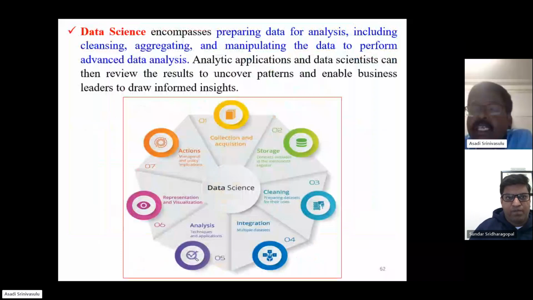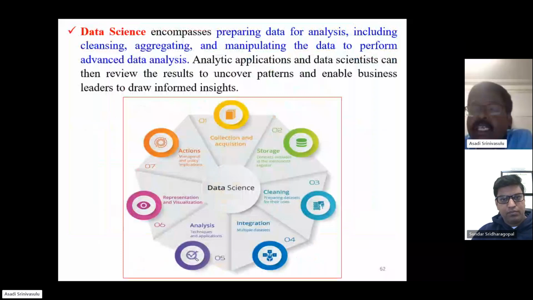That's why data science is an interdisciplinary field. Everybody can learn data science, not only computer science, but electronics, electrical, civil, mechanical, any field that uses scientific methods. If they know basic mathematics, anybody can learn data science.